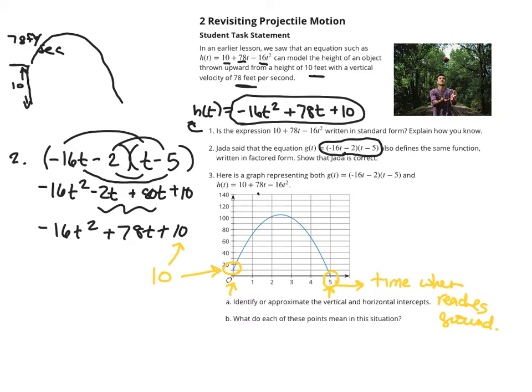We start at 0 seconds, end at 5 seconds, and we start throwing it from 10 feet above the ground. Okay, so we got A and we got B. What do these points mean? We also know what that point means too, don't we? That's the maximum height, which happens at about 2.5 seconds, a height of, I don't know, 105 feet, approximately.